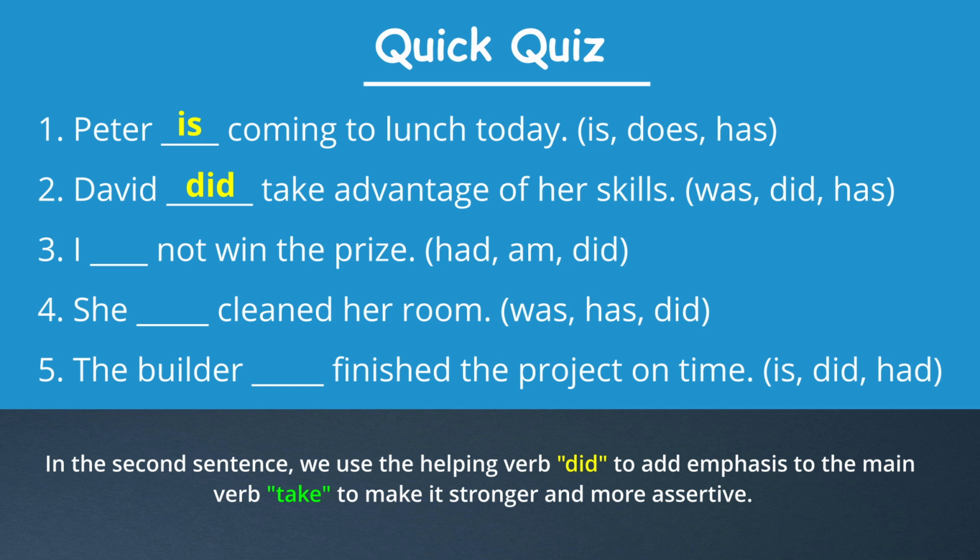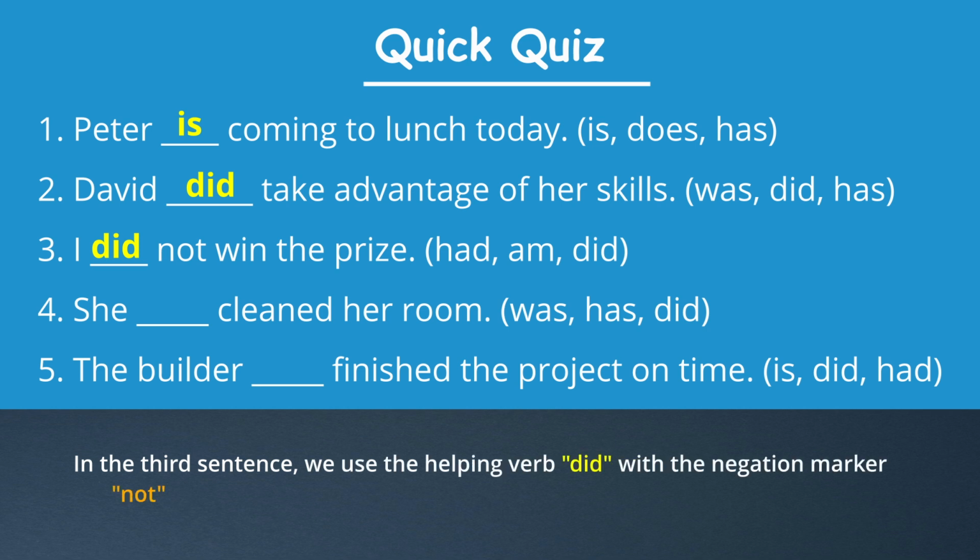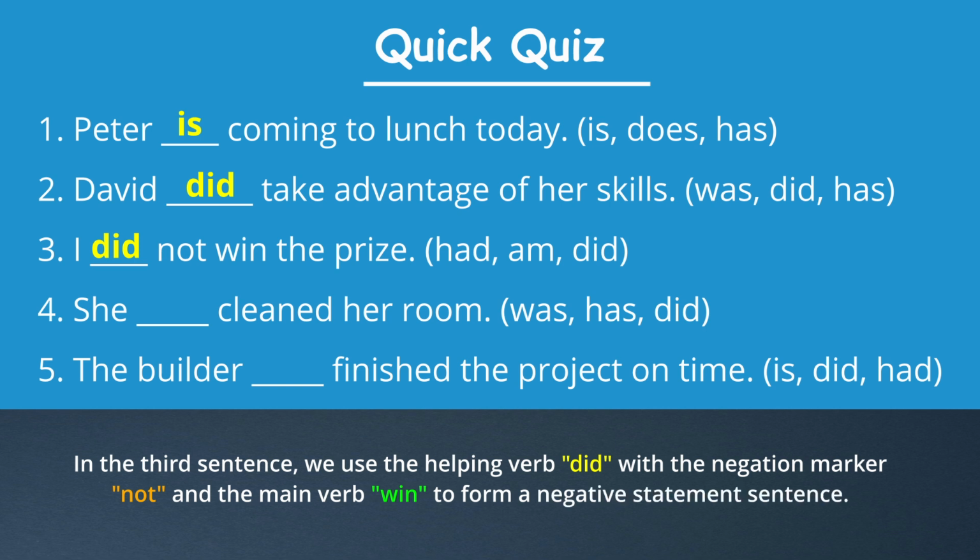David did take advantage of her skills. In the third sentence, we use the helping verb did with the negation marker not and the main verb win to form a negative statement sentence. I did not win the prize.